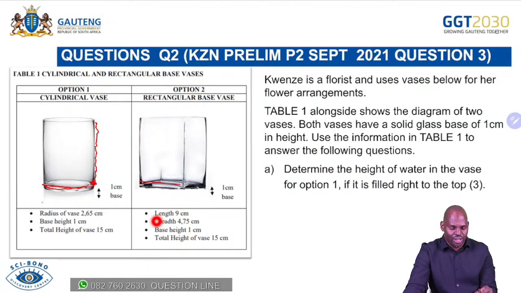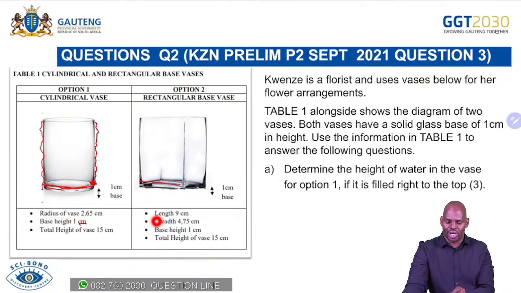If we look at the information, they say radius of vase is 2.65 centimeters. The base height, it means that thickness there at the bottom, is 1 centimeter. Total height of vase is 15 centimeters. Total height means the total height from outside, from the top right to the bottom.